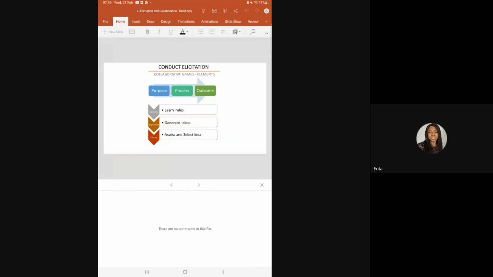Now for this, you need to know the purpose, process, and outcome. They learn rules, generate ideas, assess and select ideas. As I said, if you are doing it in a captive environment, definitely yes, these things are useful.